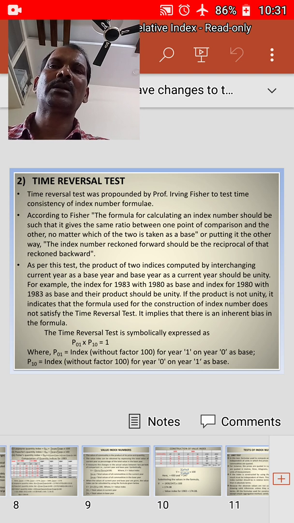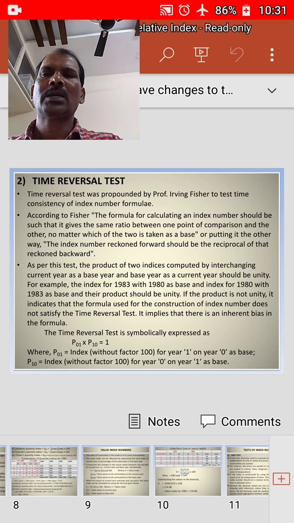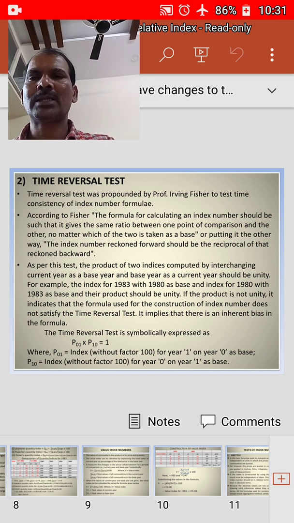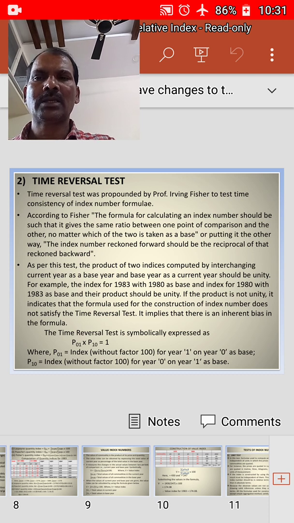Or putting it the other way, the index number reckoned forward should be the reciprocal of that reckoned backward. Okay, as per this test, the product of two indices computed by interchanging the current year as a base year and the base year as a current year should be unity.